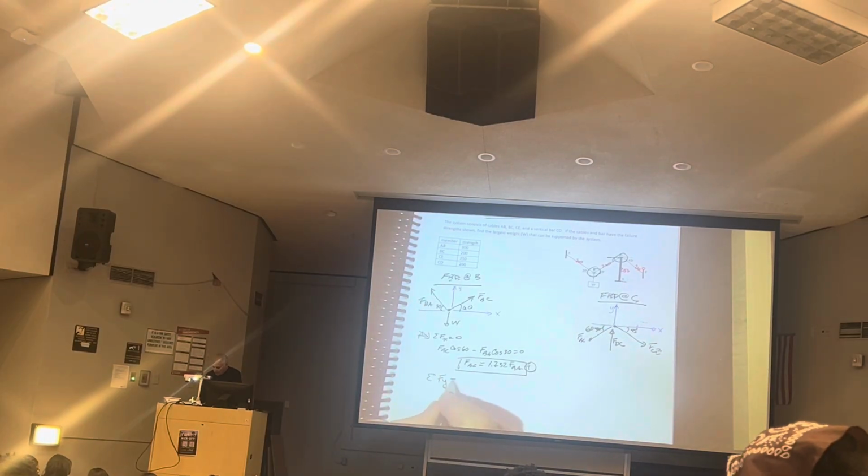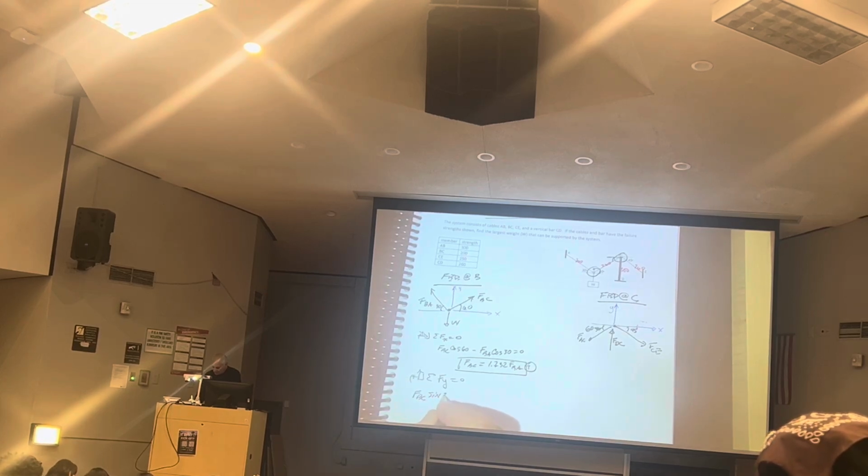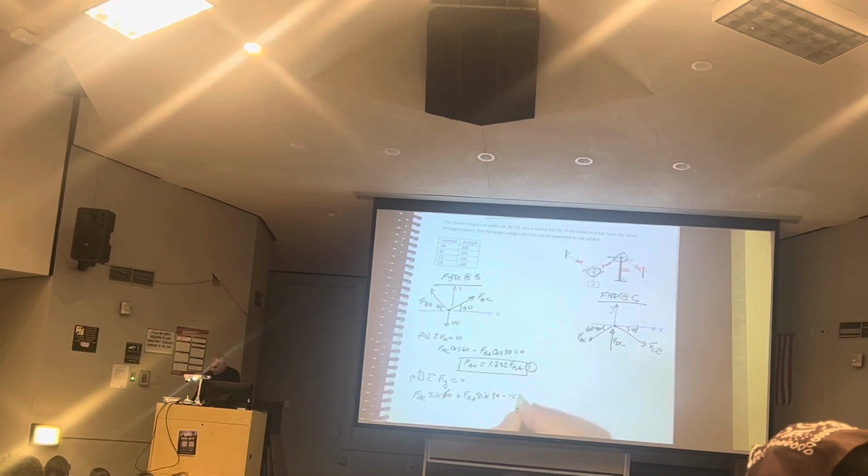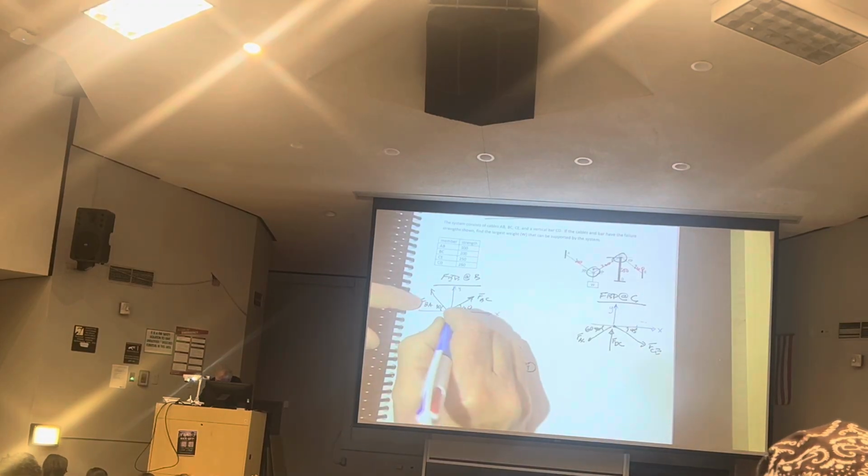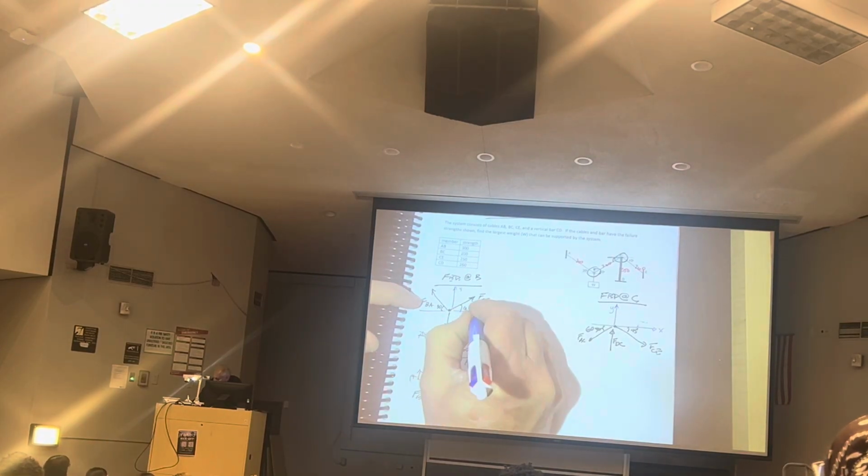Sum of forces in the y equals 0, positive up. That's FBC sine 30 plus FBA sine 60 minus W equals 0. Remember, we're still obeying the parallelogram rule. This has a component this way and a component that way.